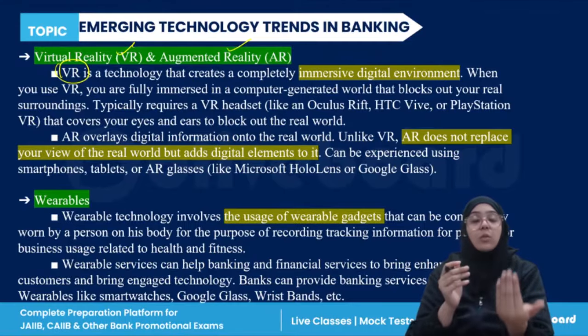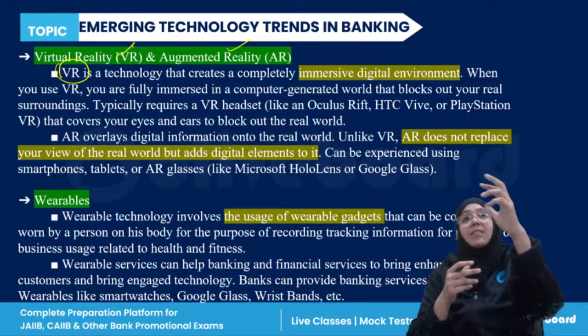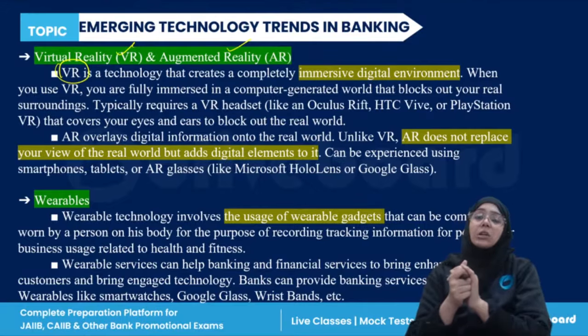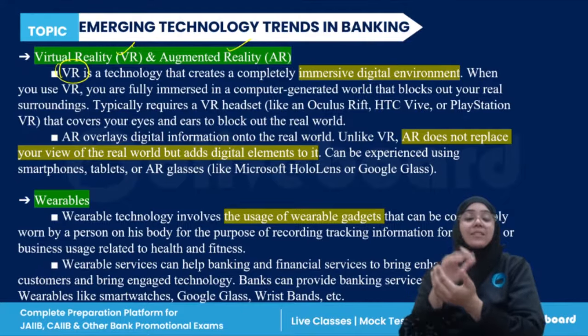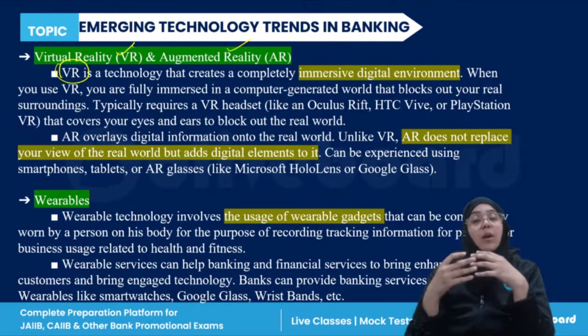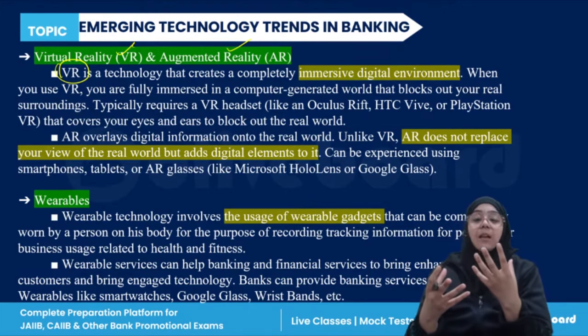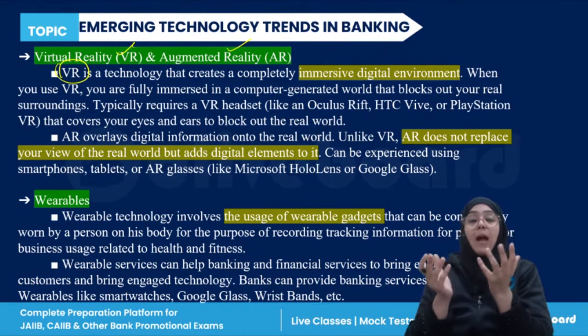For example, you are looking at the screen with 3D glasses, experiencing everything in 3D, but you are not blocked out from the external environment. That is known as augmented reality. But if you are completely immersed in the digital environment, your ears and eyes are blocked, and you only experience what is shown on the screen, then it is known as virtual reality.